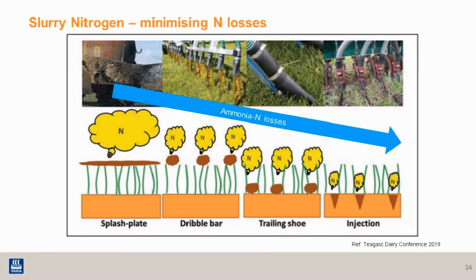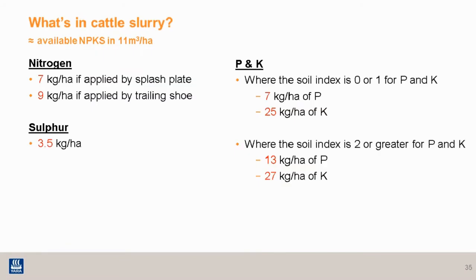So particularly if you want to get the most out of your organic nitrogen, or that available organic nitrogen, look at using some of these techniques and come off the use of splash plate and possibly go to trailing shoe and injection to maximize the value of that slurry that you have available. So what's in cattle slurry?